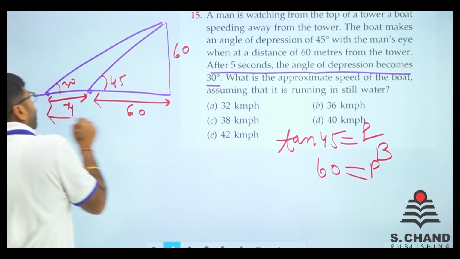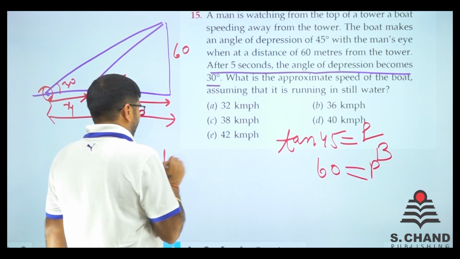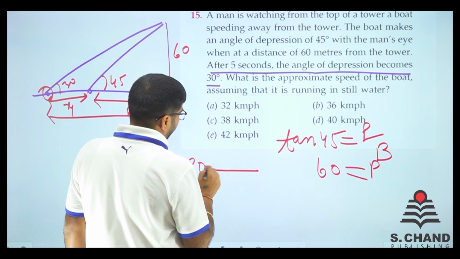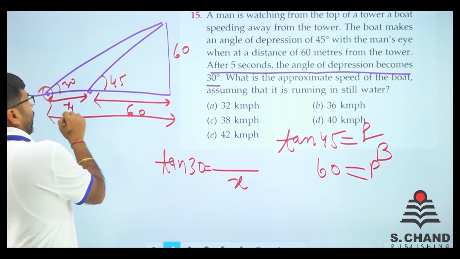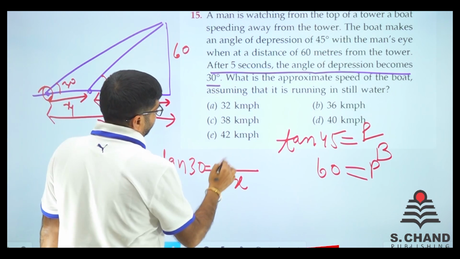So we find out the whole distance now. So what we'll do is tan 30, right? The whole distance, we call it x, not x1. And this is 60.